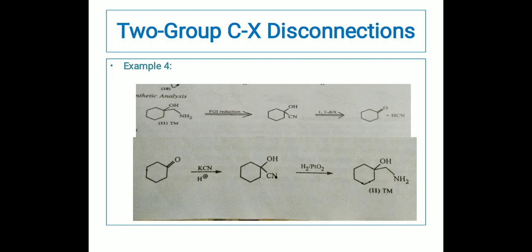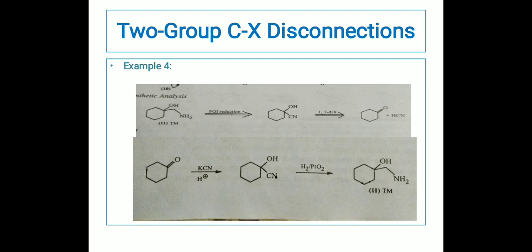That's why we write FGI, that is functional group interconversion, and reduction. Since it is retrosynthesis, it is a reverse reaction, which means the nitrile is getting reduced to the amine. That is the meaning you should always remember.